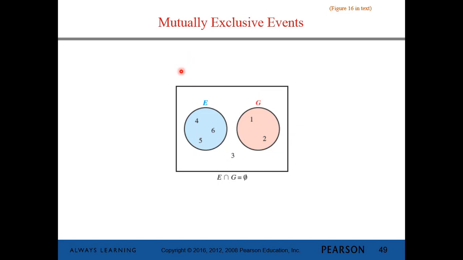S is the sample space. And notice that between E and G there is no overlap; there's nothing in common here. So the intersection is empty. This would be an example of two mutually exclusive events.